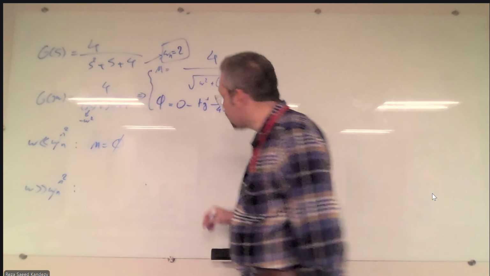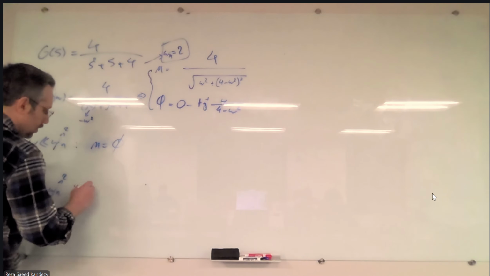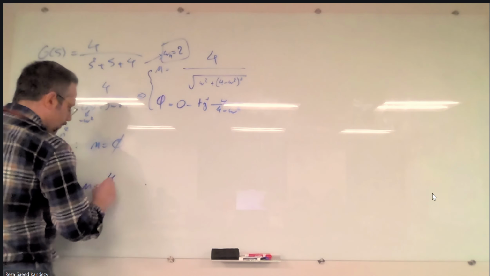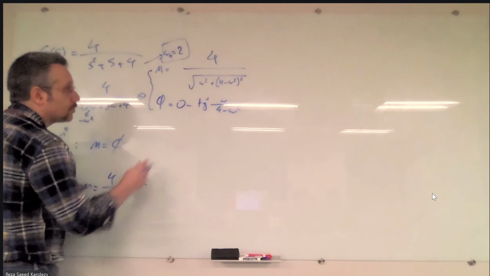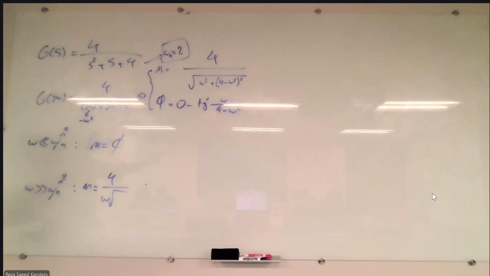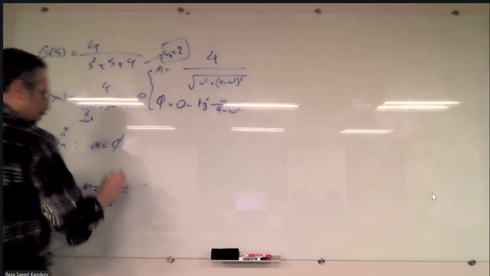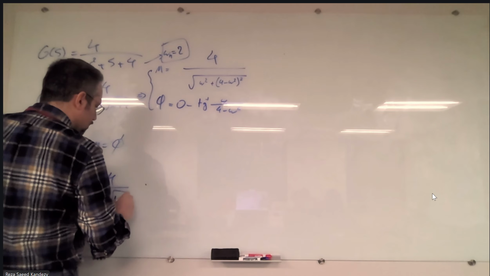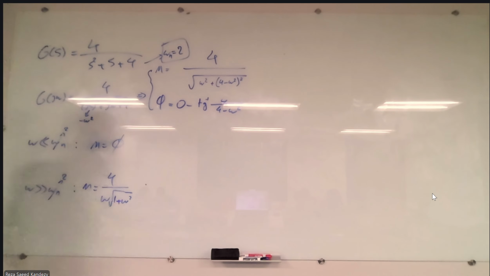That means the amplitude M is going to be 4 over omega times the square root of 1 plus omega square, where I factored omega square out of the square root. This is the same as the amplitude when we neglect the 4 in the denominator.